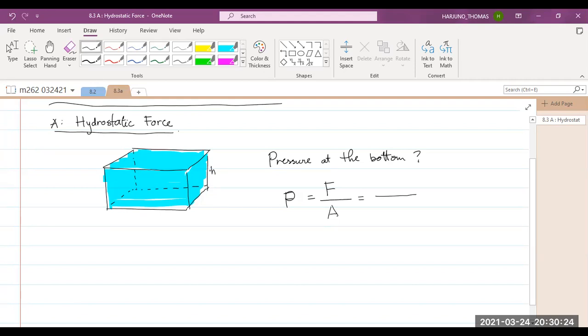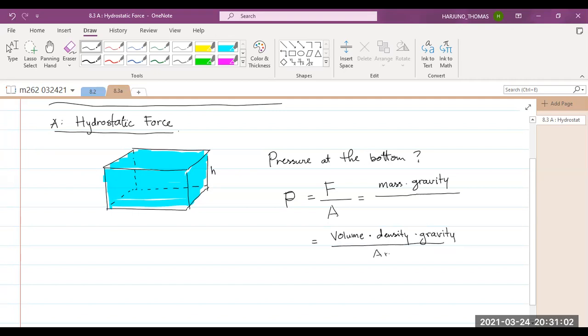Okay, so the force of the water is equal to the mass times the gravity. You can use the Earth gravity, but I will just keep it as G later on. While the mass is equal to the volume of the water times the density of the water times gravity over the area.